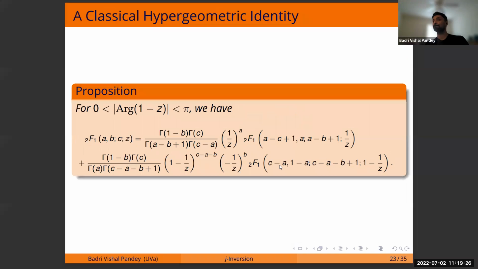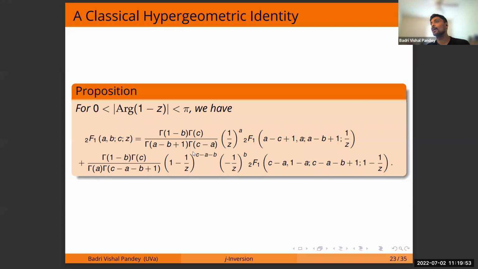Hypergeometric functions have really nice properties. They have singularities, not in the sense of the singularity of a function, but these are the special points of the differential equation. So these are 0, 1, and infinity. And there are formulas, for example this one, that give you a way to interpolate between these values.